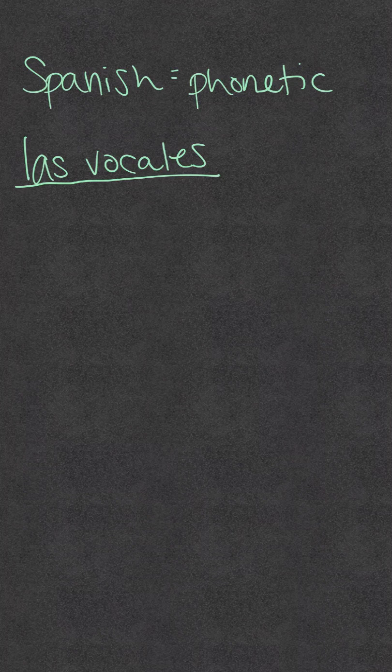So las vocales, our first one we have is A. Next we have E, then I, O, U. A, E, I, O, U. I'm going to, right beside of them, write down their pronunciations. And I hope as well that you all are taking your own notes throughout this. That way you're able to have a really quick reference back to these letter sounds.